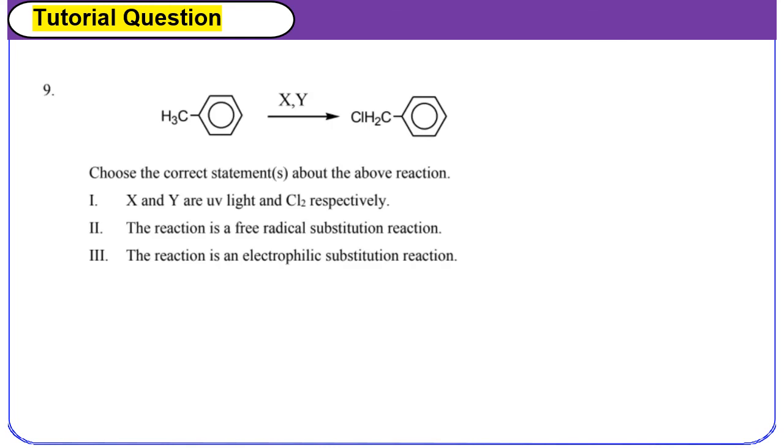Tutorial question number 9. So from here we can see that this methyl benzene become the benzyl chloride. Okay, the structure for this part with a benzene ring and CH2 is the benzyl. So we know that one of the hydrogen replaced by the Cl.